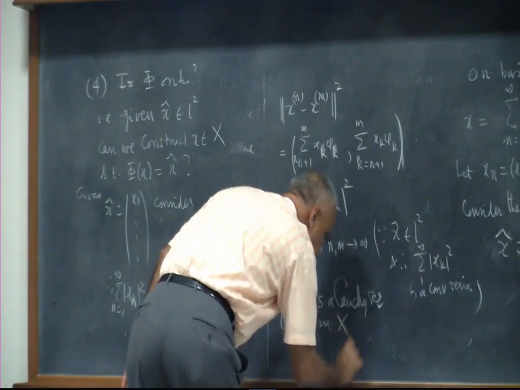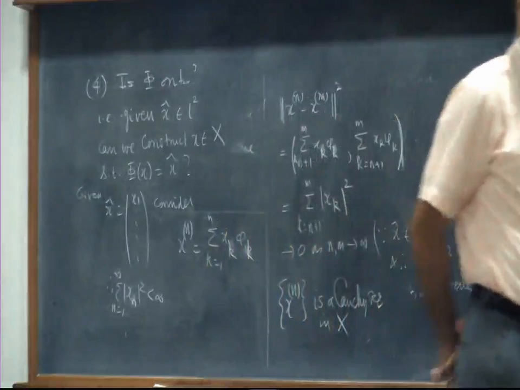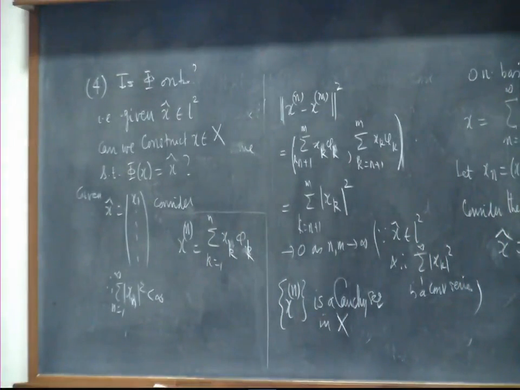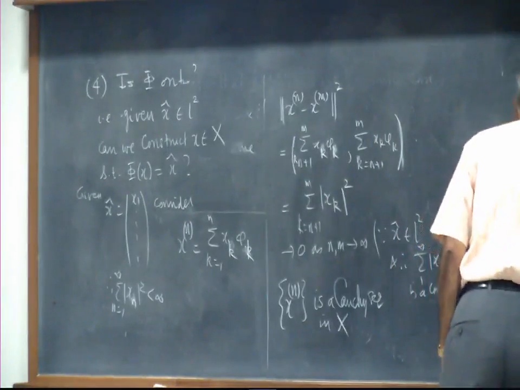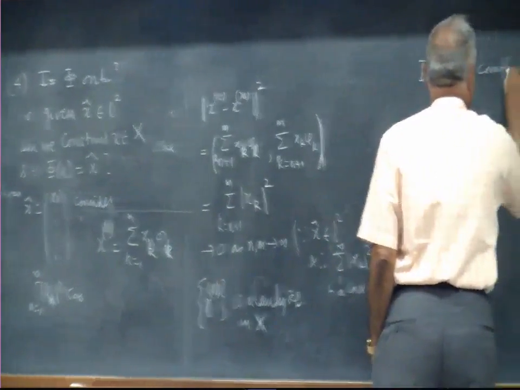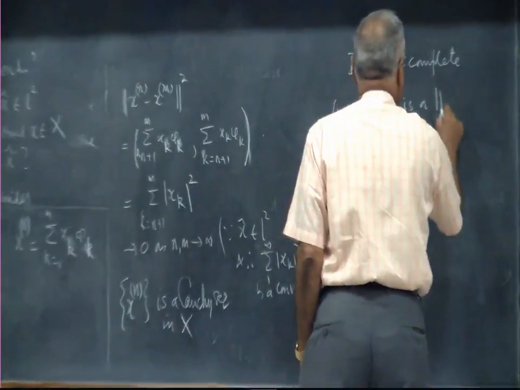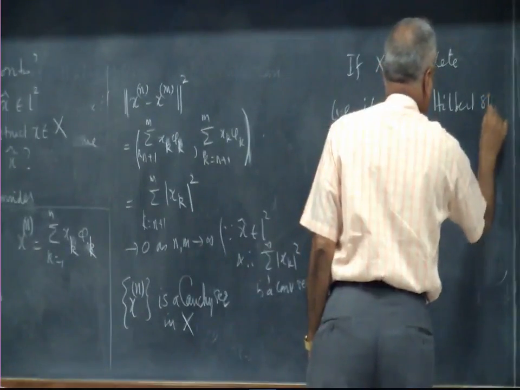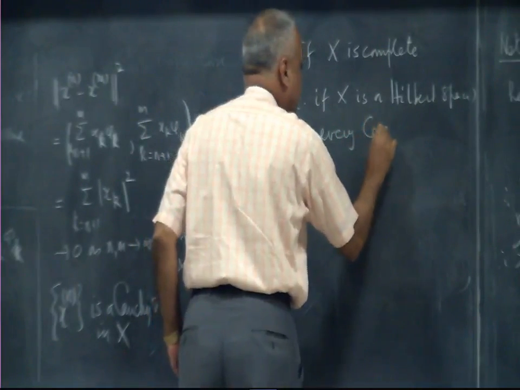Now comes the Hilbert space hypothesis. If this space X is complete, every Cauchy sequence will converge, and therefore, x_n will converge to some x. So, if capital X is complete, that is, it is a Hilbert space, then every Cauchy sequence converges.